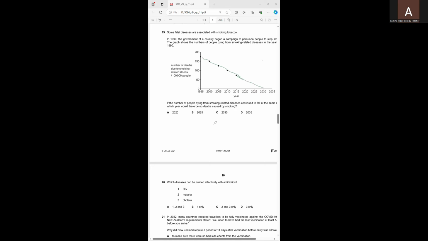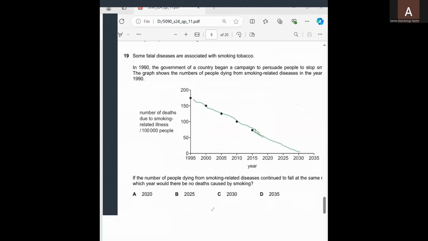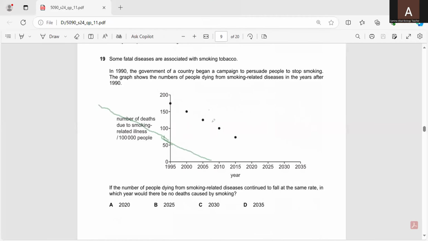There was a little change in the position due to some reason, so I will draw it again in this way. Sorry, it will end at 2030. We draw this line, then it will end at 2030. So the answer is C.